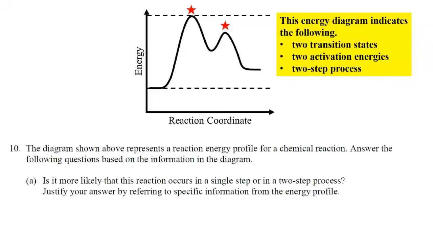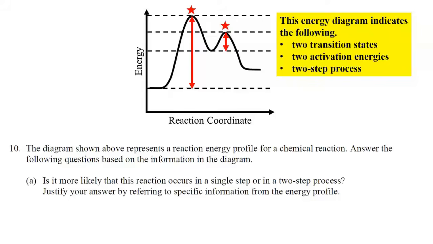The activation energy goes from the reactants to the top of the hill, but now in that next step in the process, the activation energy goes from the location of that valley to the top of the hill. So you don't start all the way from the reactants when you're doing that second activation energy. You start from where you began that journey, which is like the valley before that second hill.